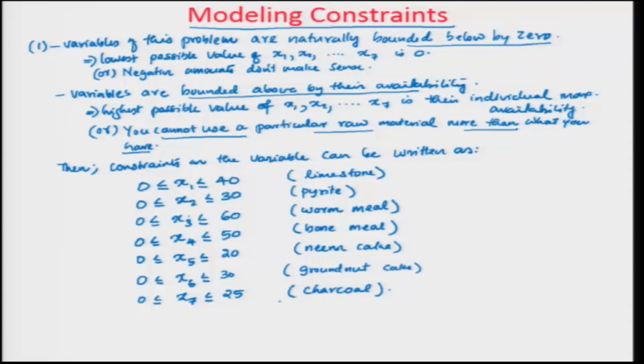For limestone, this is the lower bound. We call it the lower limit, or lowest possible value of the variable.